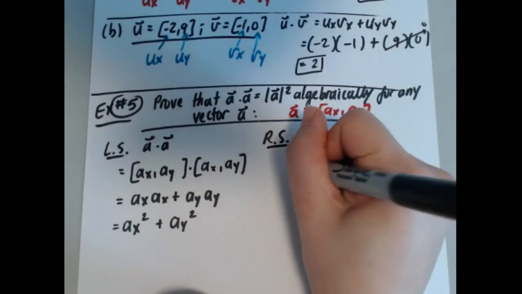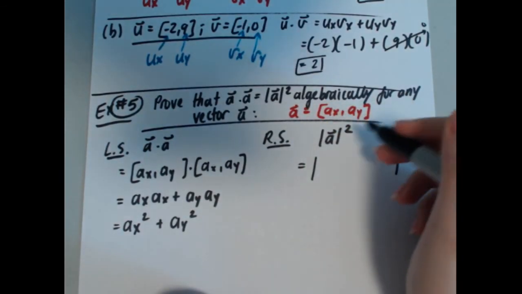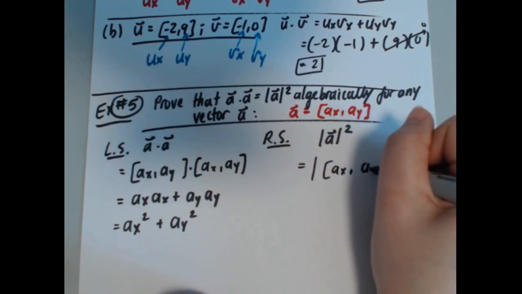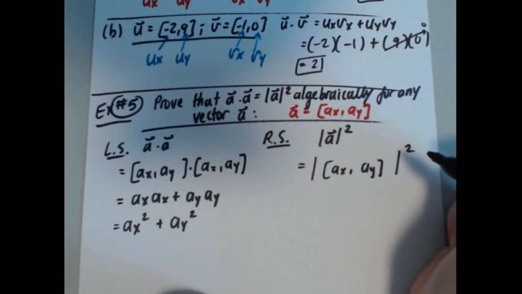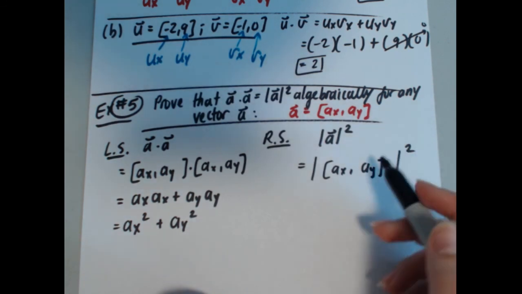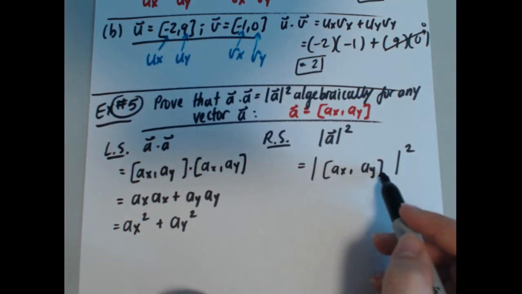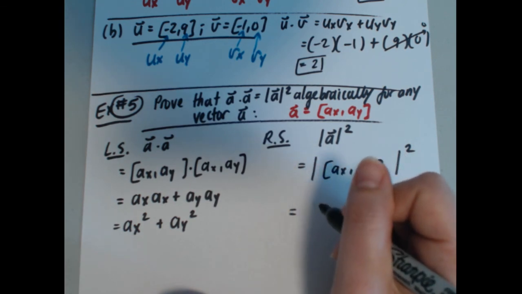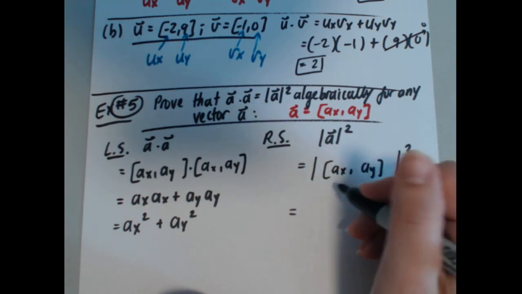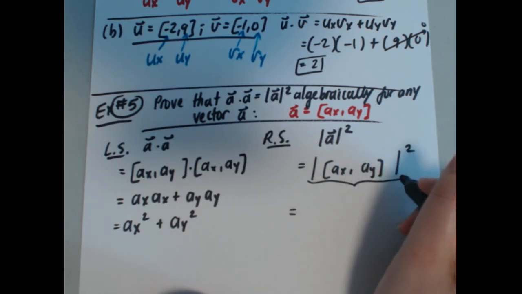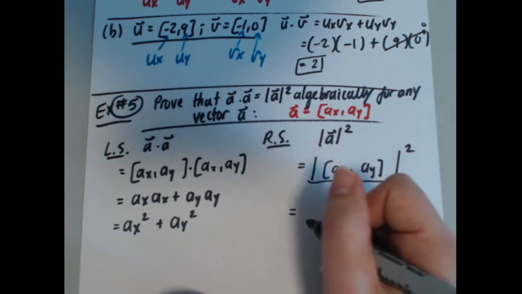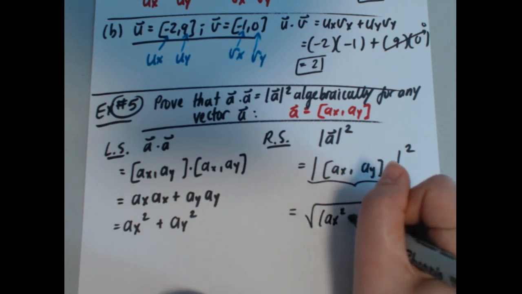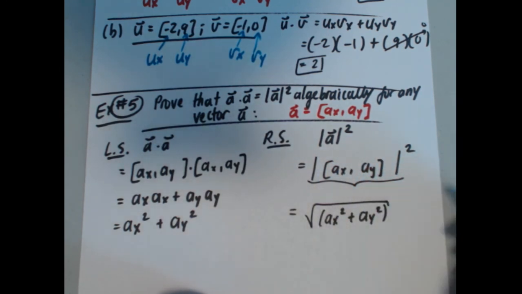All right, so the magnitude of A squared is the magnitude squared of vector A, and vector A is AX comma AY. Now, you know how to take the magnitude of a vector. If you have 2 sides of a right angle triangle, you find their magnitude by figuring out the length of the hypotenuse. And after all, the length of the hypotenuse is the magnitude of the vector. That's the square root of AX squared plus AY squared.